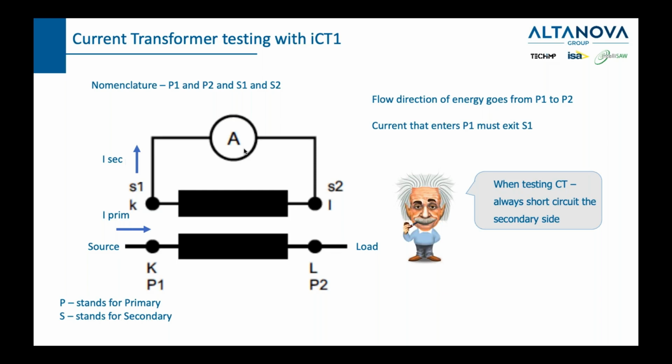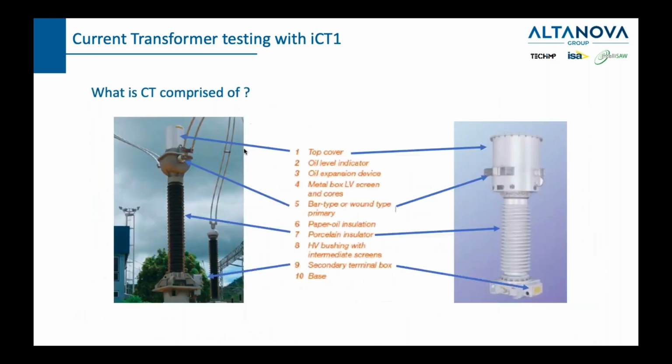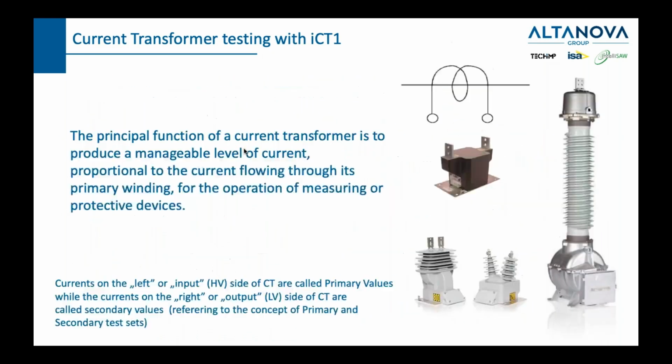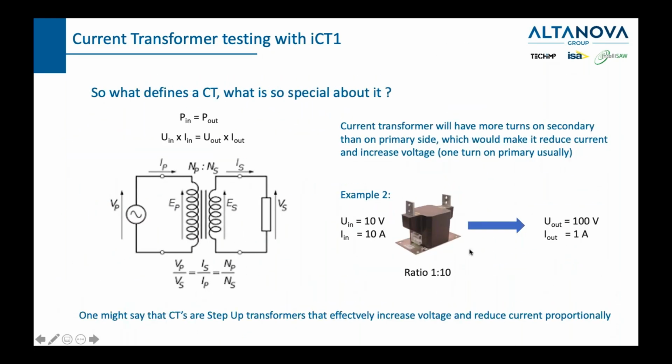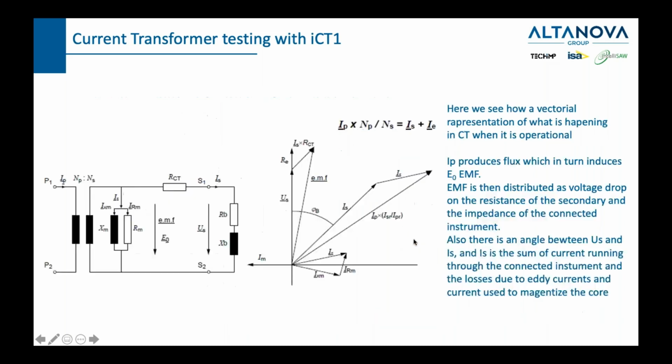Because as we remember, let me just go a few slides back, when we decrease the current from 10 to 1, we increase the voltage. It is a physical fact and we cannot escape from that. So we increase the voltage, and in increasing the voltage, we can actually damage some of the secondary side terminals if we don't short circuit them.